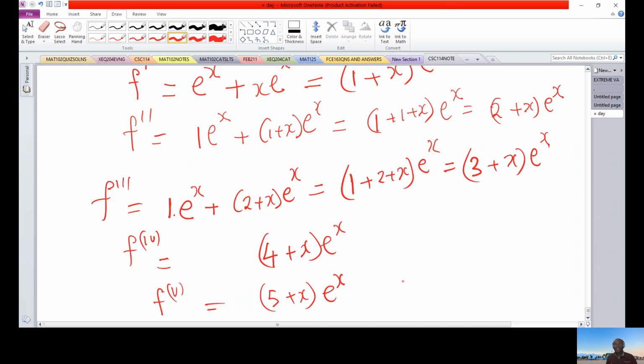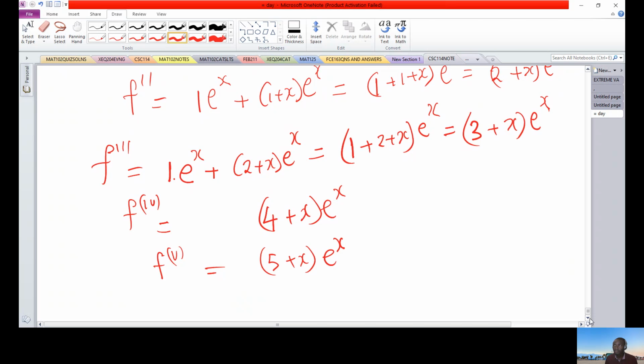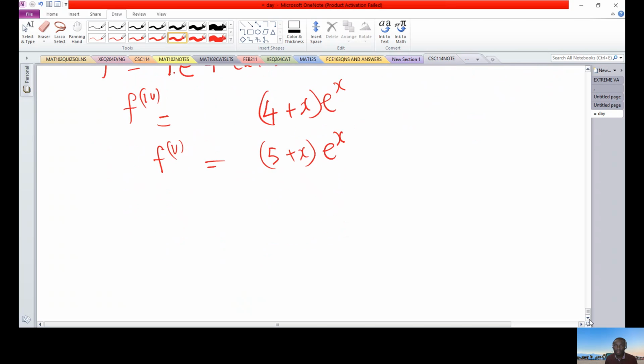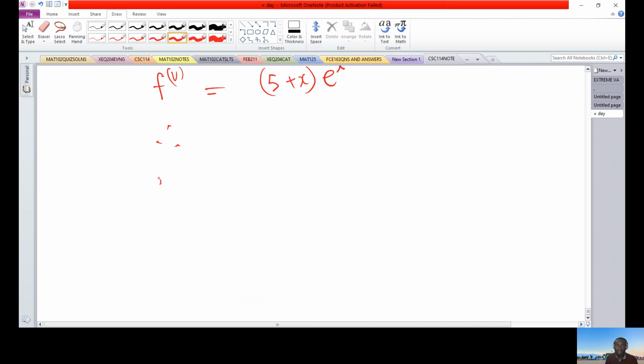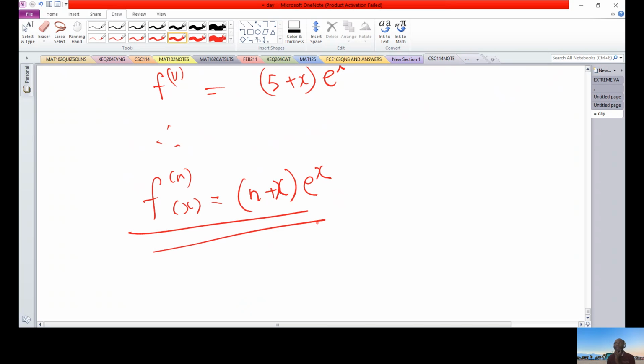So there's a relationship between the order of the derivative and what you are getting in this bracket here. Therefore, in general, the nth derivative of f of x will be given by n plus x, e raised to the power x. So this is how we get the formula.